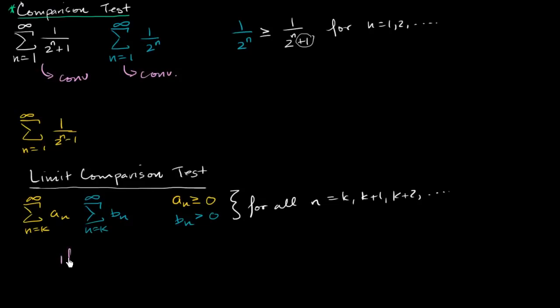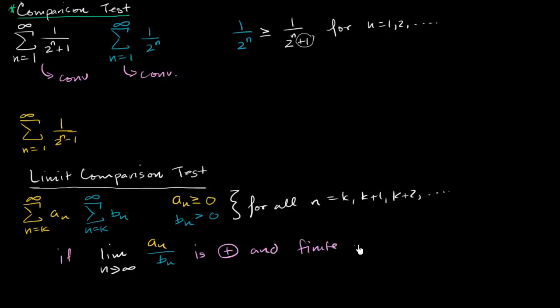If the limit as n approaches infinity of a sub n over b sub n is positive and finite, then either both series converge or both series diverge.